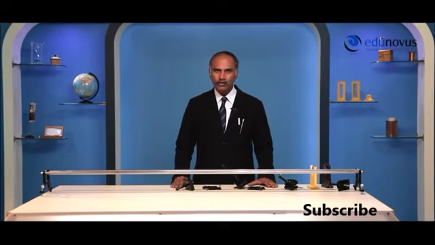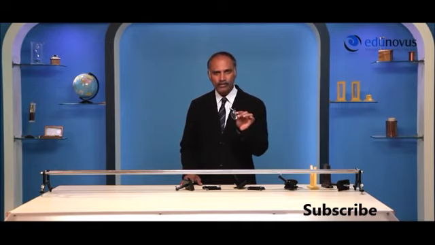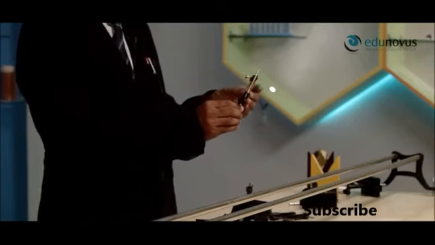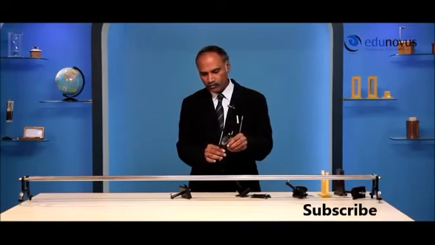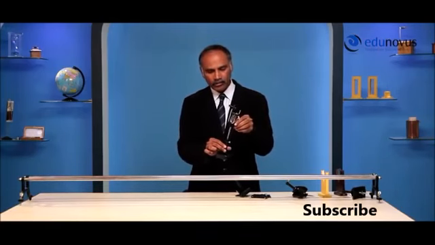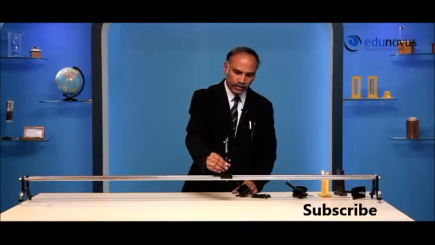After finding the rough focal length of the convex lens, we place the lens in a holder and now place the holder in one of the uprights. Now mount the upright on the optical bench at a convenient position.